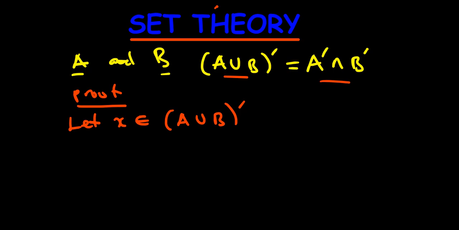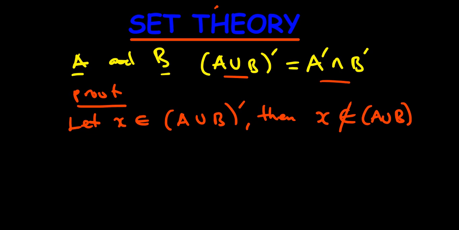If it's in the complement of A union B, then it implies X is not a member of A union B. If it's in the complement, then it's not a member of A union B.